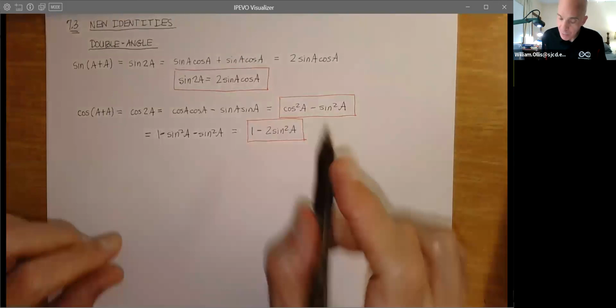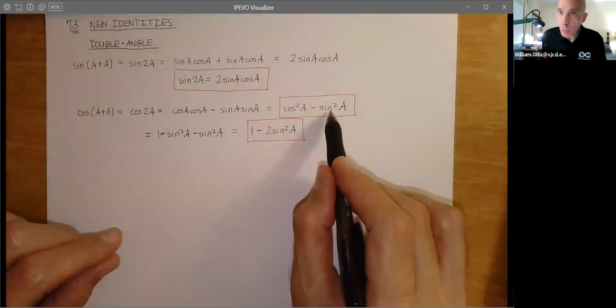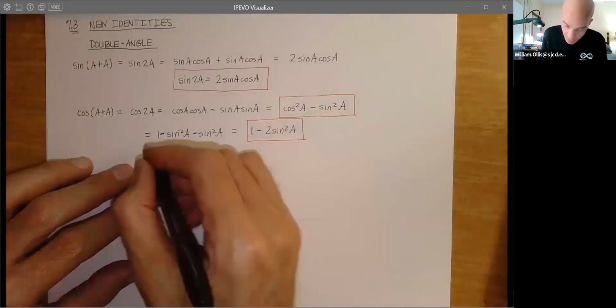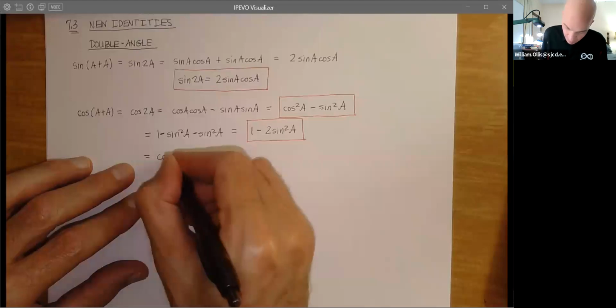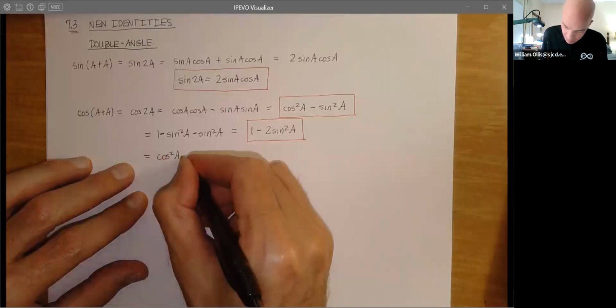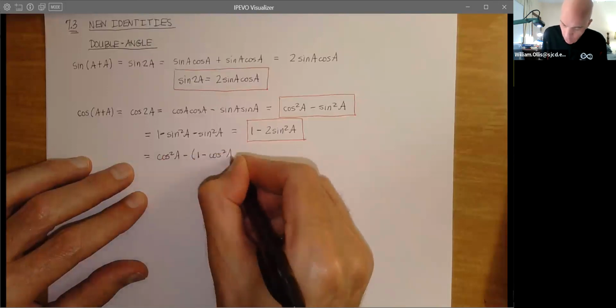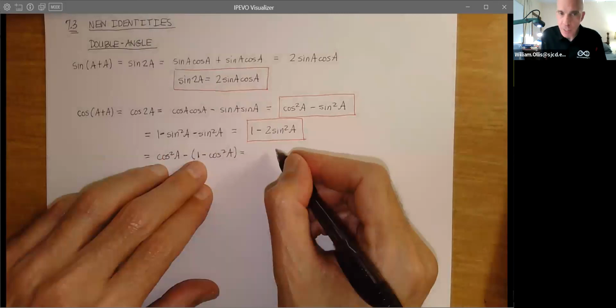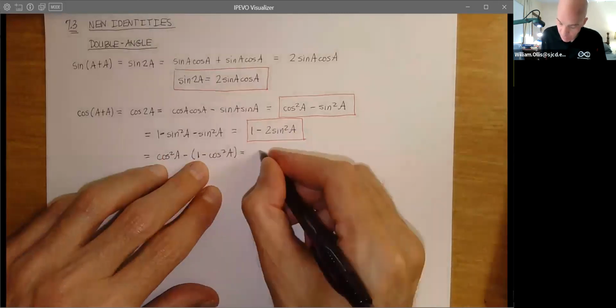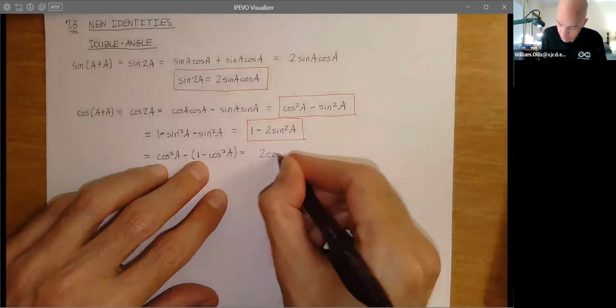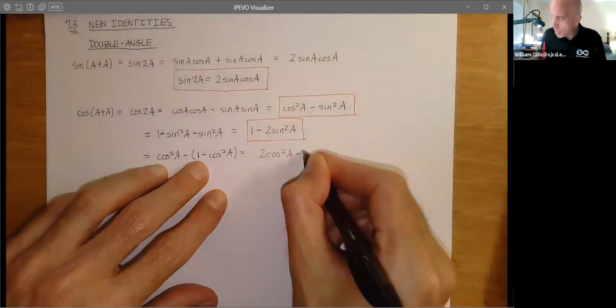Well, the other case would be to replace sine squared with 1 minus cosine squared. What do we get with that? So if we distribute the negative, we get 2 copies of cosine squared. So there's another version.